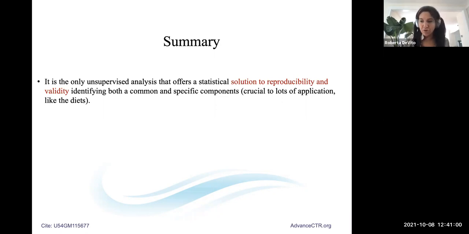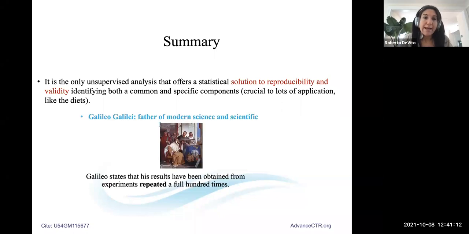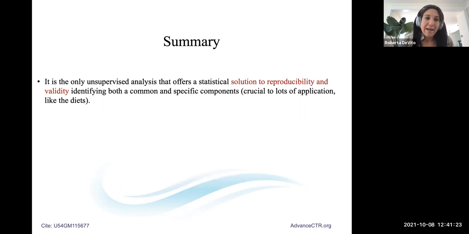Sometimes it's important, as I showed you in the last application, to just estimate the tissue heterogeneity and remove the common characteristic. And sometimes, like in diet, it could be really important to estimate both. And I report here Galileo, who said that his results have been obtained after repeating them a full 100 times. And so sometimes the reproducible component can also increase the power of the analysis that we are going to do.